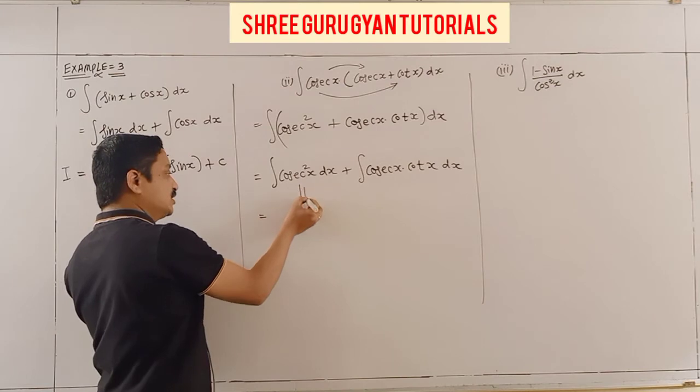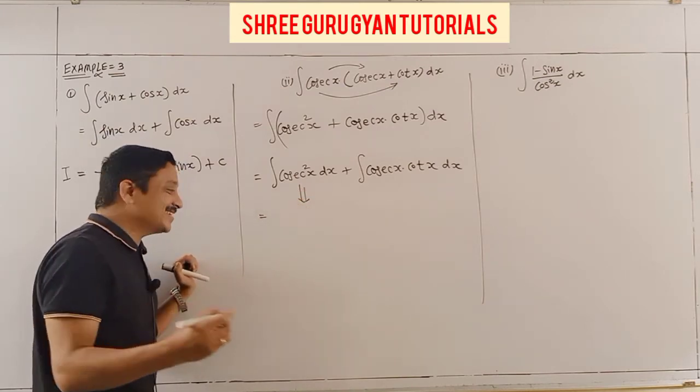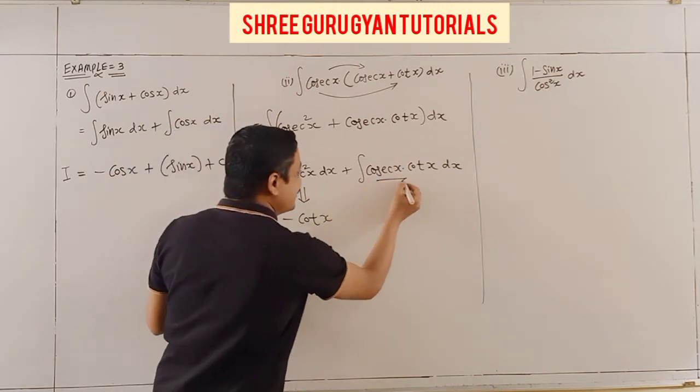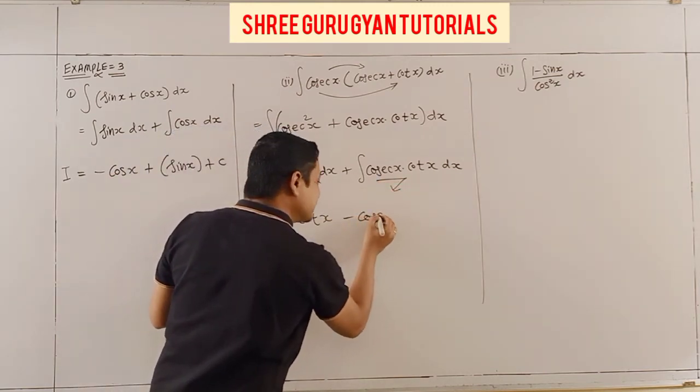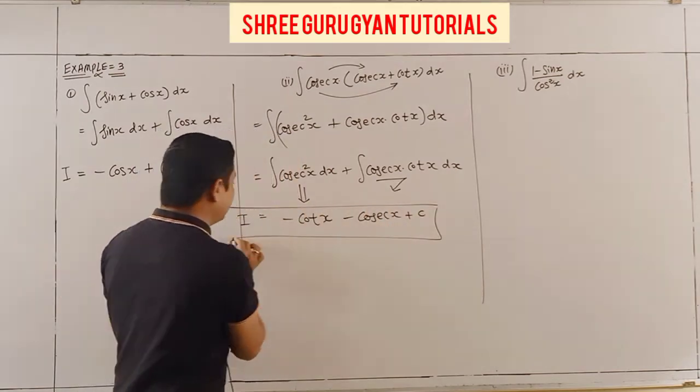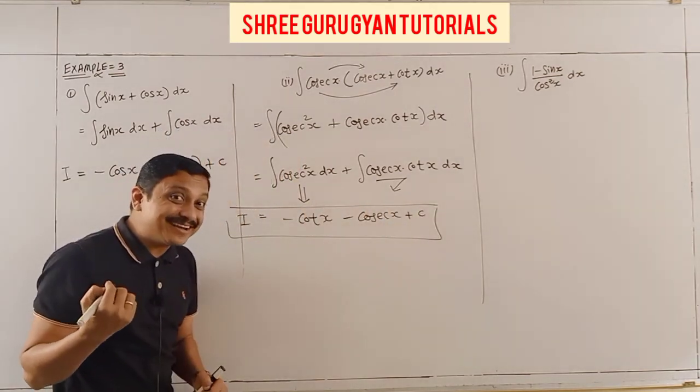And this integration you know. Which derivative is this? Minus cot x. And this also, which derivative? Minus cosec x. That type of numerical I already explained to you in exercise 7.1.